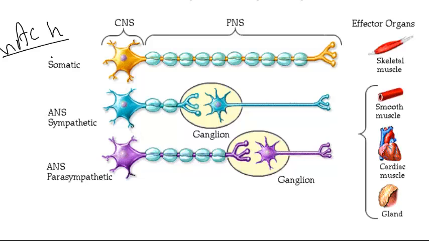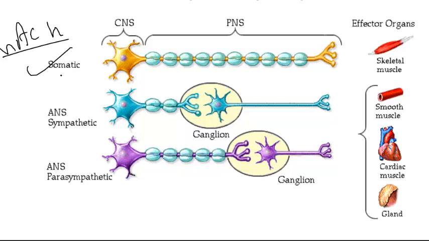As skeletal muscles contain these nicotinic receptors, the action of acetylcholine on skeletal muscle is direct and fast. So the somatic neurons work really fast and they work in an excitatory way by the release of acetylcholine because they only have cholinergic nicotinic receptors.